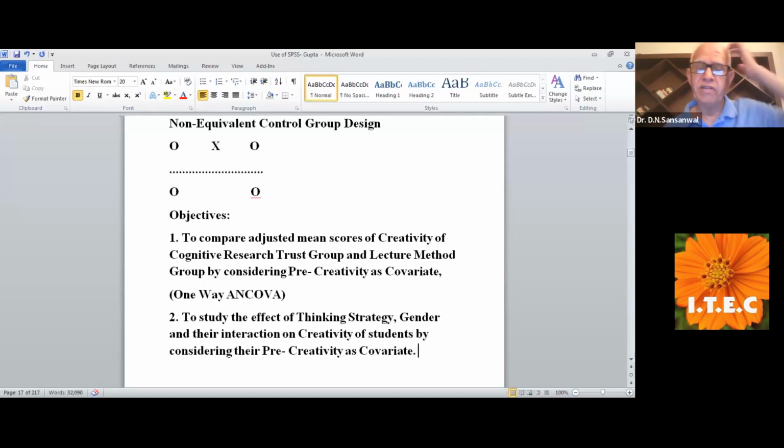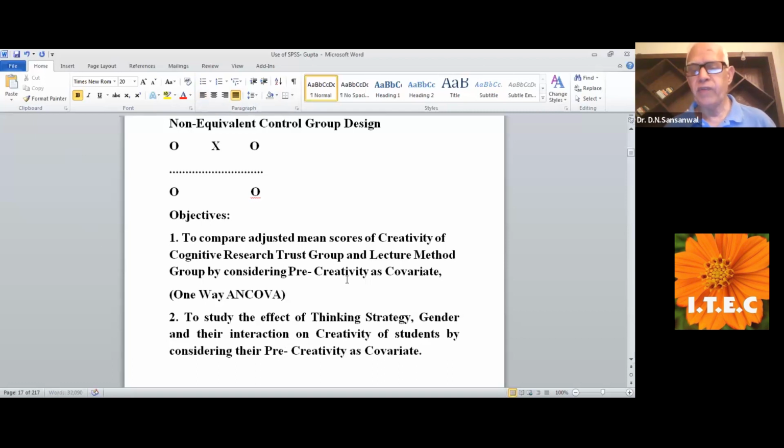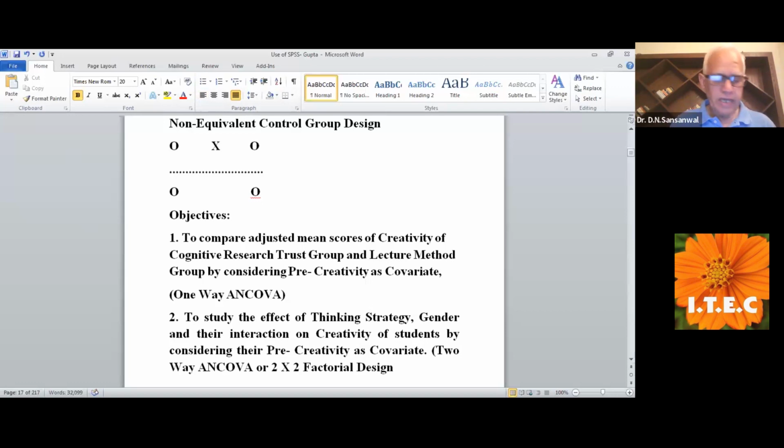So you have to write the creativity. If this is my wording of the objective, then here it will be two-way ANCOVA, or you can say the thinking strategy has got two levels and gender also has got two levels. So it is called 2x2 factorial design ANCOVA.